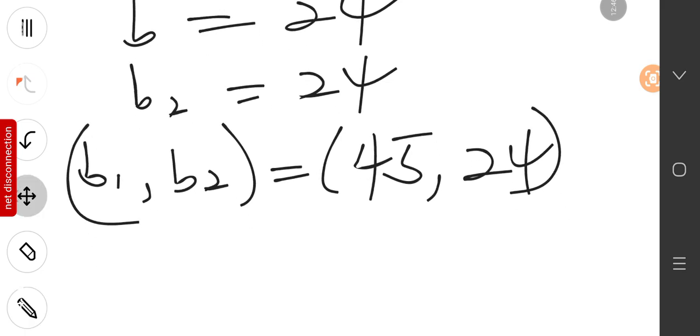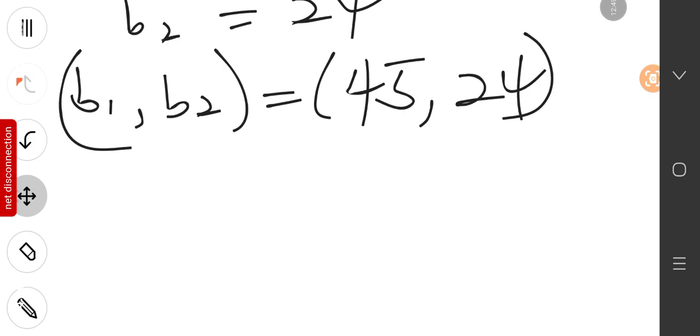Now that you know the value for b, which is one side of the triangle, let's look for the value of a.